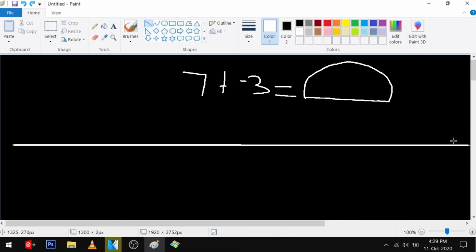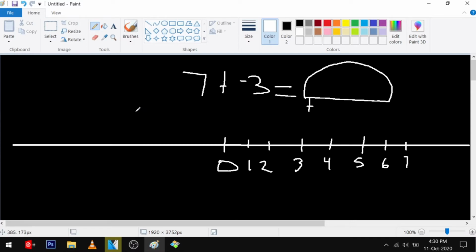Okay, right there. If I am here at 0, all right, this is +1, +2, 1, 2, 3, 4, 5, 6, 7, and these are all positive. Remember, this side is negative, so you have -1, -2, -3, and so on.